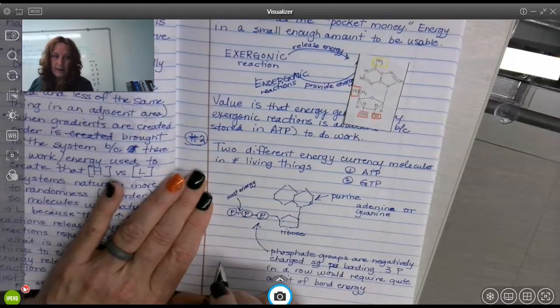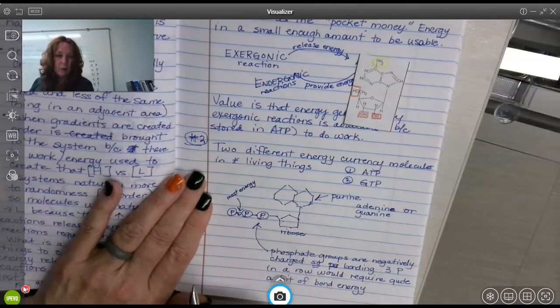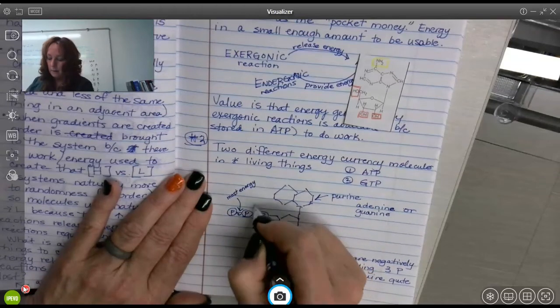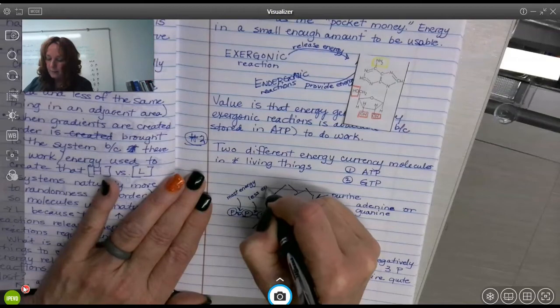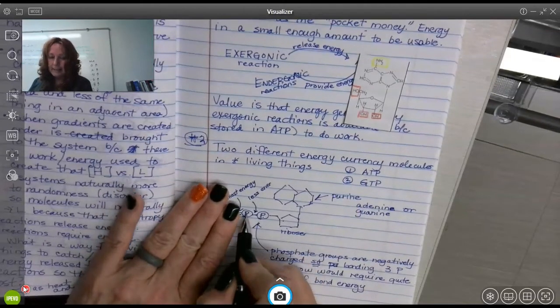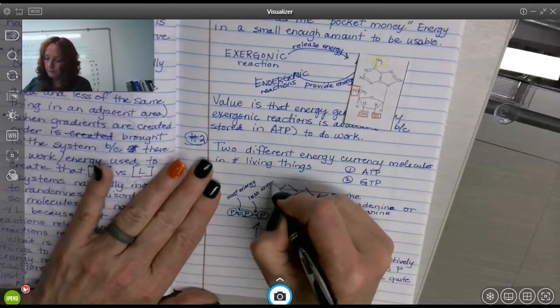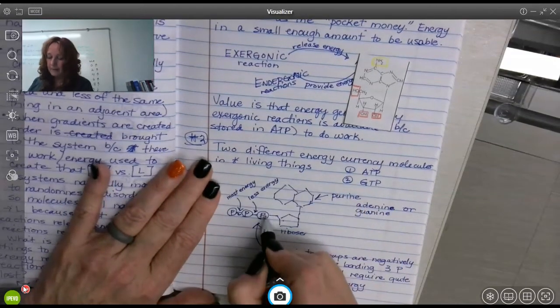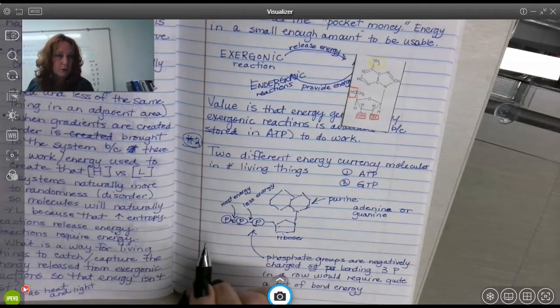They usually call that a high energy bond, and a lot of times they'll use a squiggle sign. This would have less energy, this bond that would take you from ADP to AMP, and then this bond here that holds the one phosphate doesn't have enough energy really to do anything with.